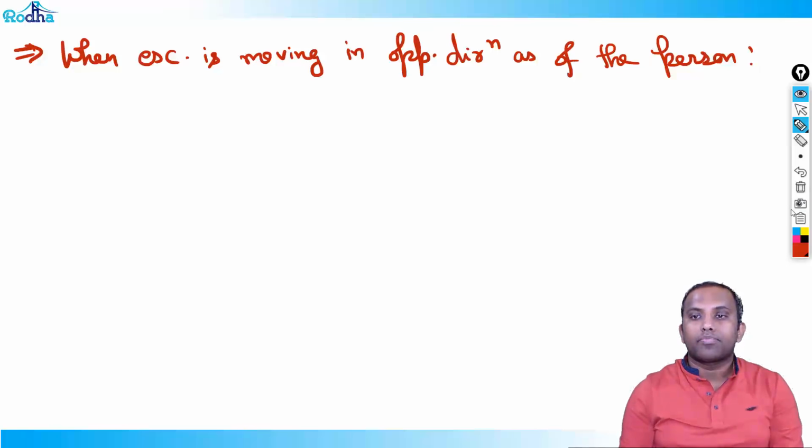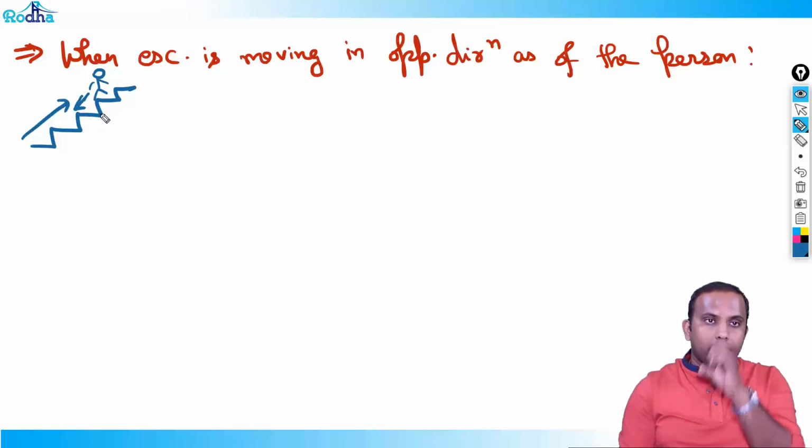That means the escalator is going up and I am coming down. A person is coming down, right? This is opposite. This escalator is going up and I am coming down. Okay.